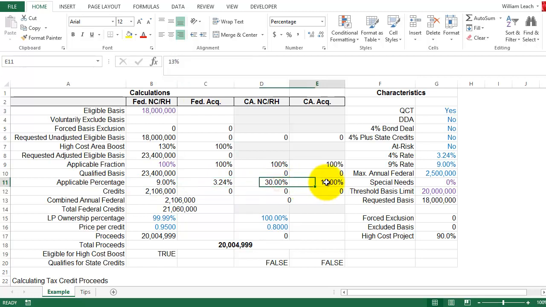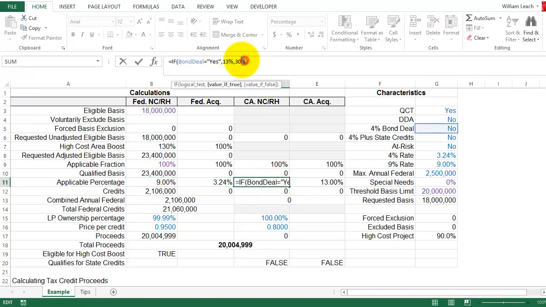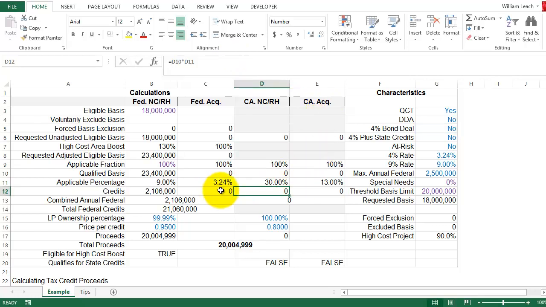The state percentages change compared to the federal. They are either 13% for a 4% deal or 30% for a 9% deal. They're not the same. Also, state credits aren't going to get a high cost area boost like federal credits for acquisition basis, won't get the high cost area boost.